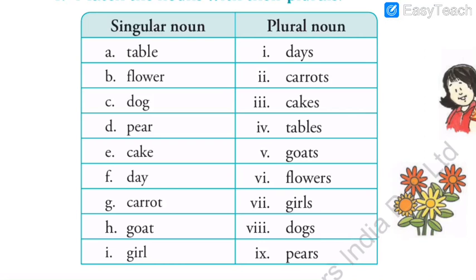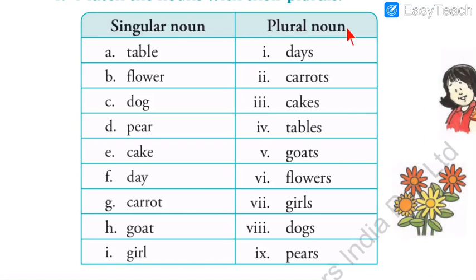So the first question is A, table. Now, what is the plural of table? If there is one table, we say it is a table. But what if there are more than, okay, I am not going to speak the answer. If I speak the sentence, I know that I am going to speak the correct answer. So what could be the answer?